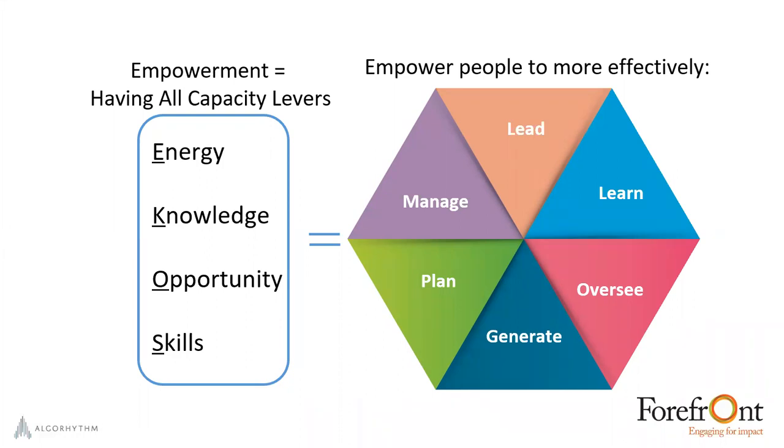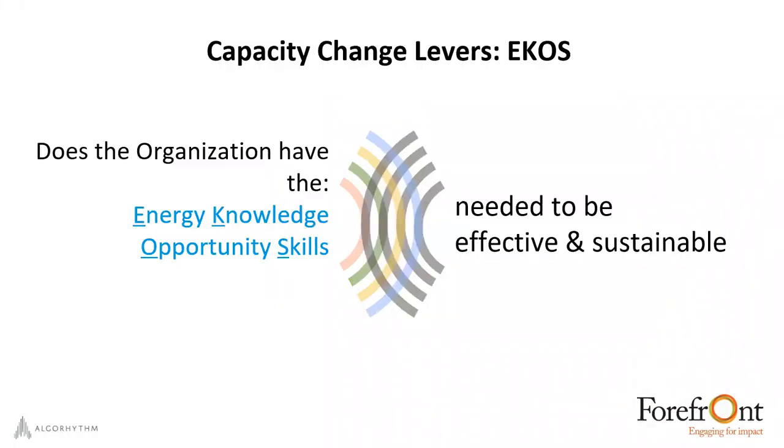Do they have the opportunity and skills to lead, manage, learn, plan, generate, and oversee effectively? Again, and do those people who essentially make up the organization. So if you have empowered people, you have an organization that has all of the things that it needs to be effective and sustainable. That is the working assumption, one of the working assumptions behind the iCAT and what it is designed to measure.